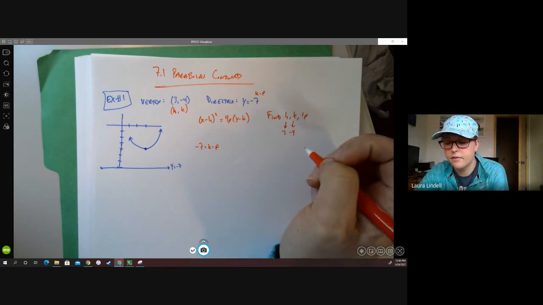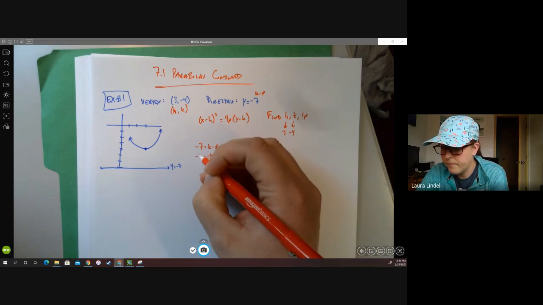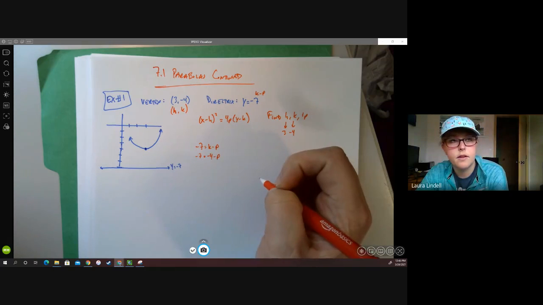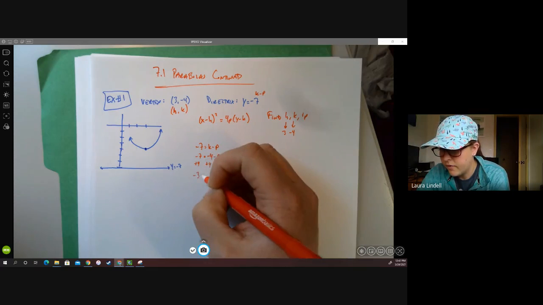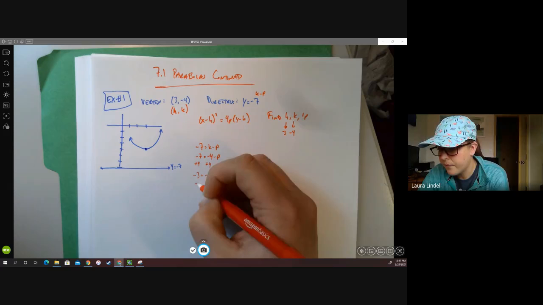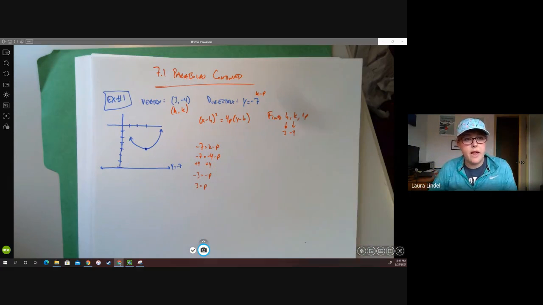And we know k is -4. So if I add 4 to both sides, we get -3 equals -p. So that means that p is 3.